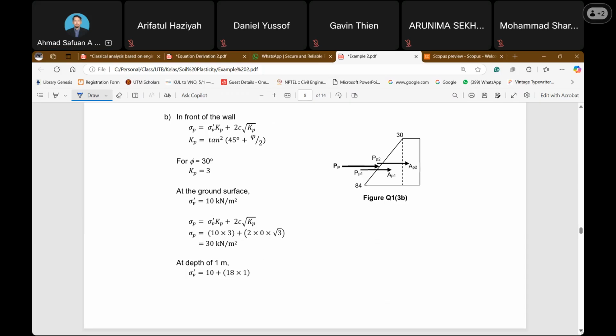So the total thrust acting on one face of the wall can be obtained by adding together area AP1 and AP2. Then PP is equal to 57.